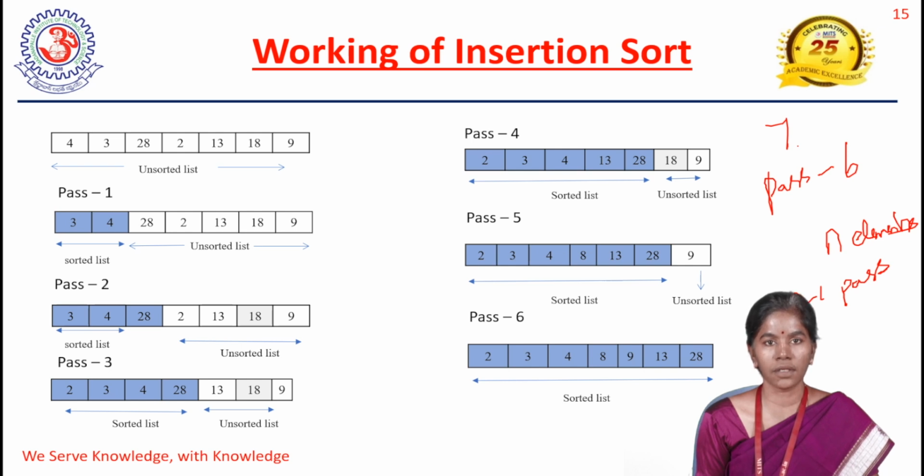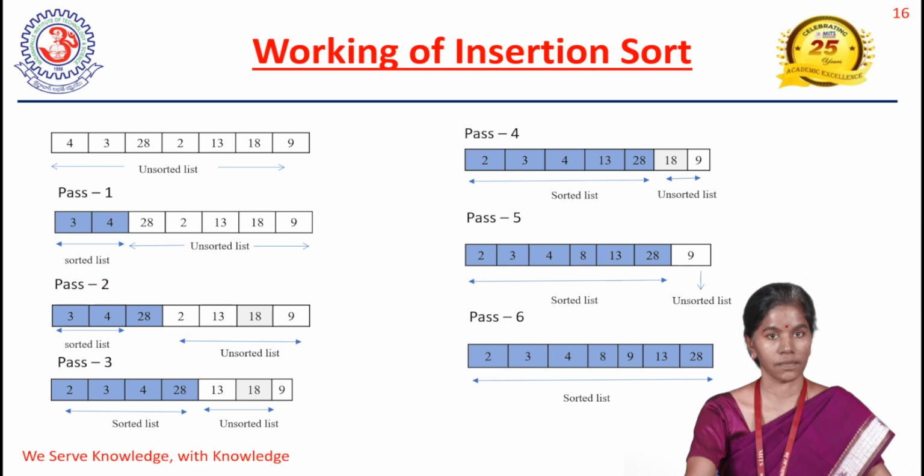The list is split into 2 parts, sorted and unsorted. In pass one, the first element we consider as sorted, and the remaining are unsorted. After pass 1, 2 elements are sorted. After pass 2, 3 elements are sorted. After pass 3, 4 elements are sorted. Like that it goes. So for n elements, the number of passes required is n minus 1.